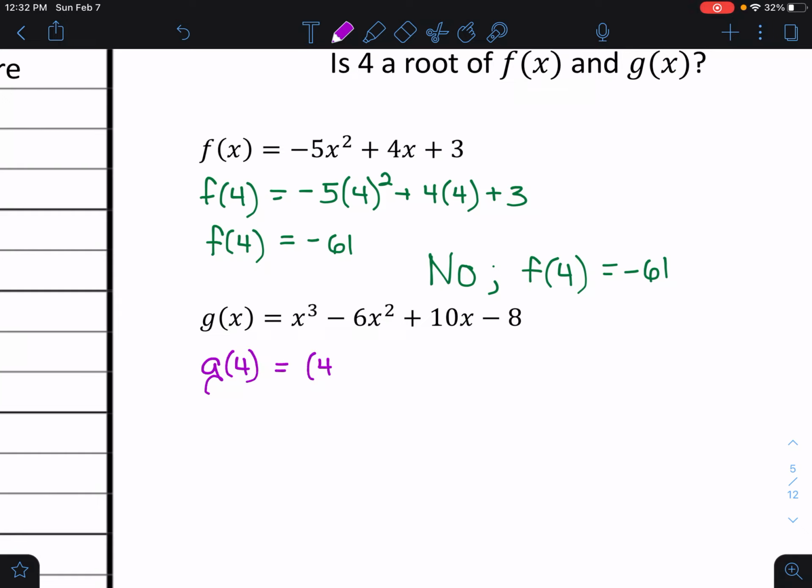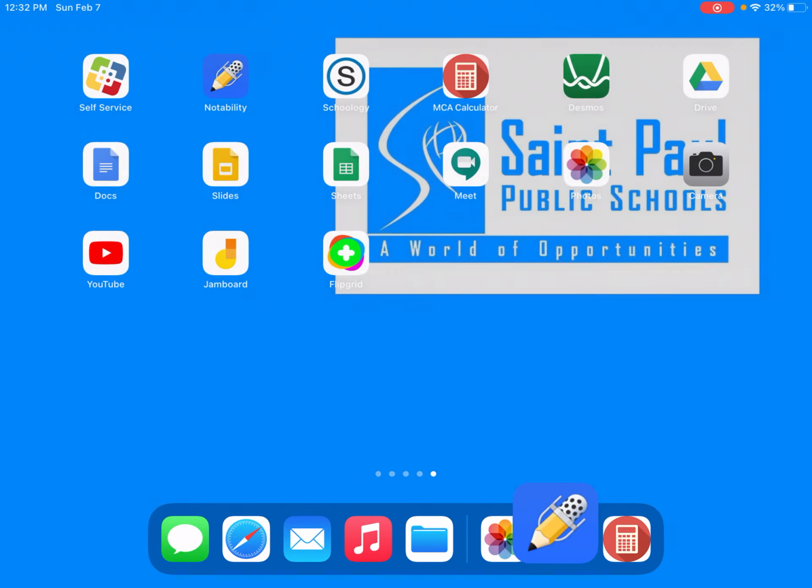Careful writing this. Should be plus. And then -8. All right, so what do I get when I put 4 into this polynomial? Well, let's try.